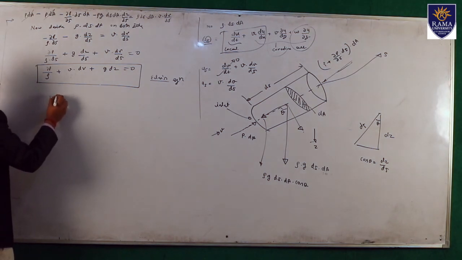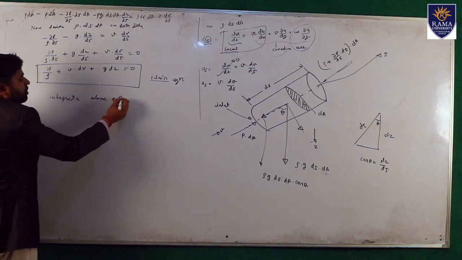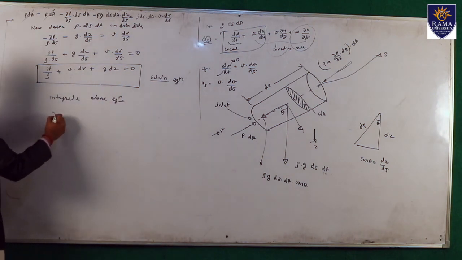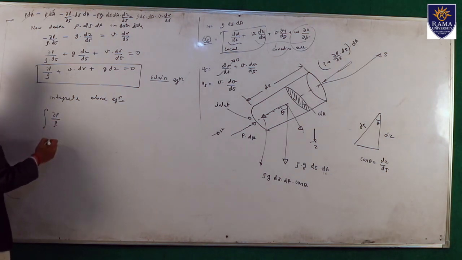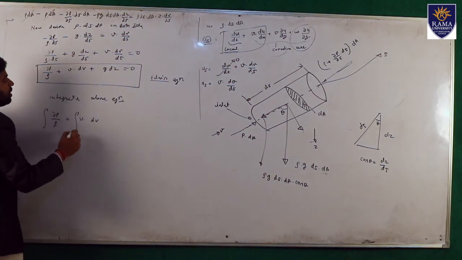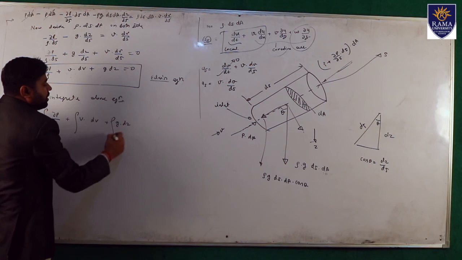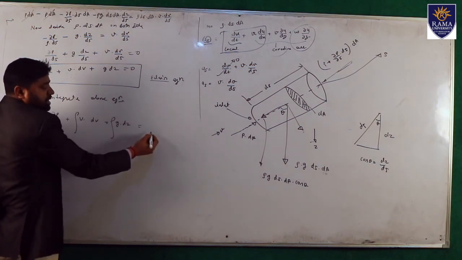So integrate the above equation: del P upon rho integrated plus V dV integrated plus g dz integrated equals to 0, which is taken as a constant.